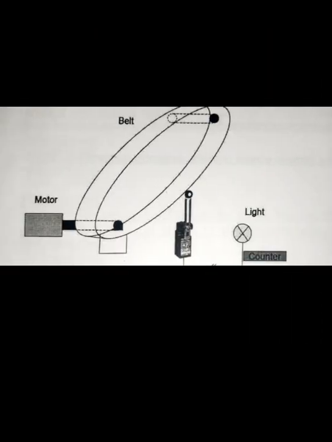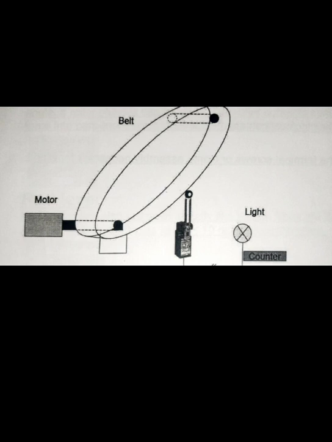Then next is the limit switch. What is meant by a limit switch? The limit switch is a type of sensor that detects the presence and absence of an object. It can be mechanically activated by making contact with another object. It has some sort of arm, lever, knob or plunger for detection.